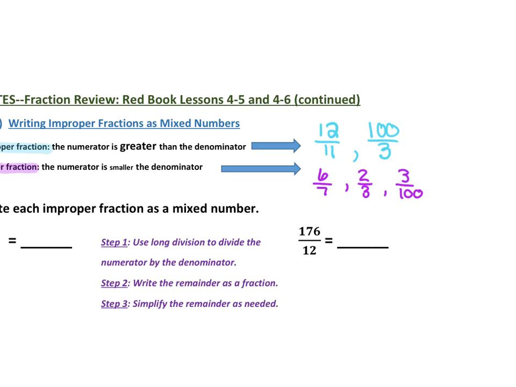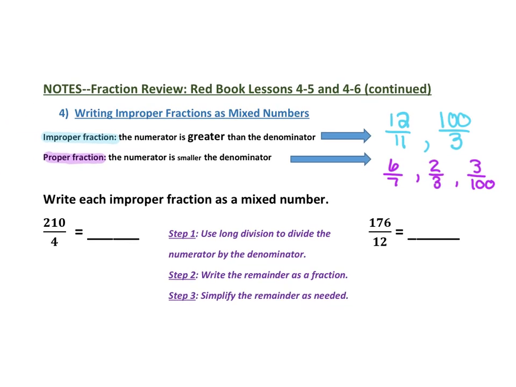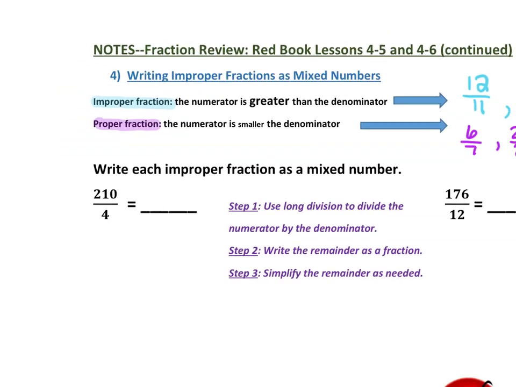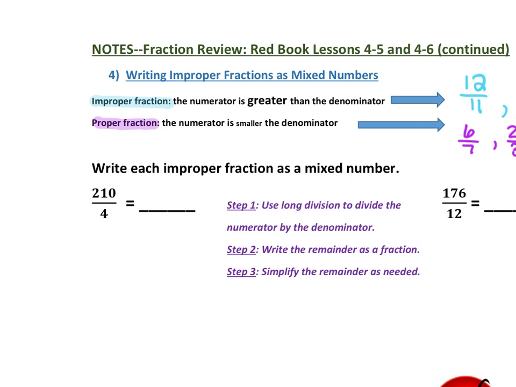So a proper fraction is when our numerator is smaller than the denominator. Improper, meaning not proper, is when the numerator is greater than the denominator. So here we want to write each improper fraction as a mixed number, and we have 3 steps to follow.